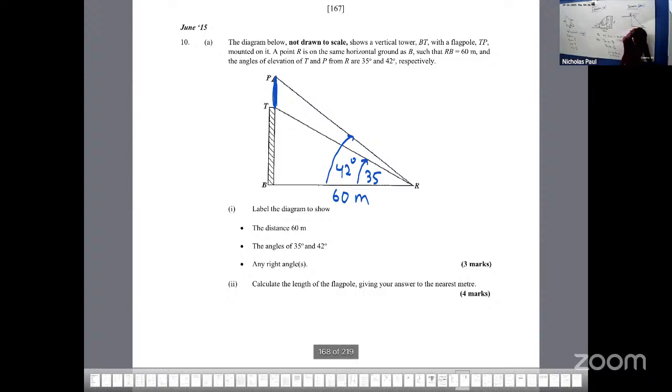TB. What would happen if you take PB minus TB? Right? So use the rules now and find TB. Yeah? So who has the triangle?